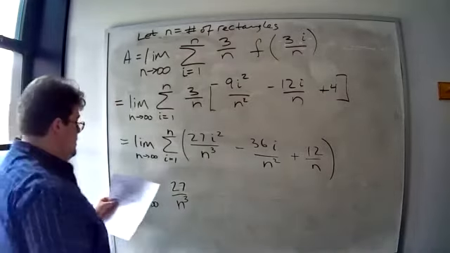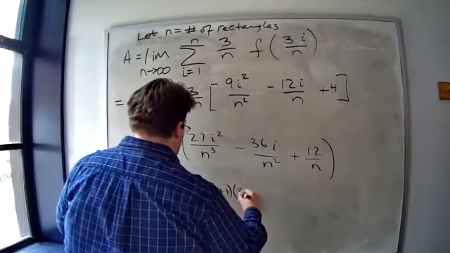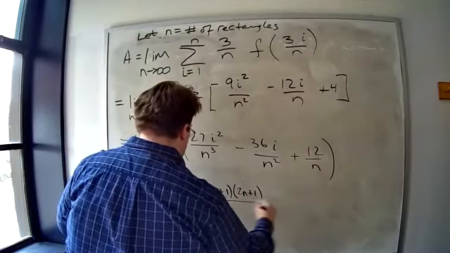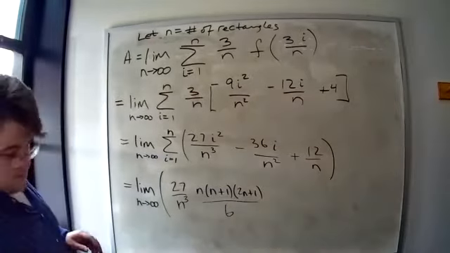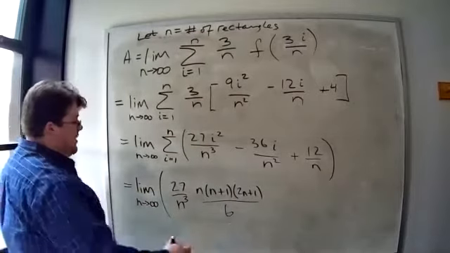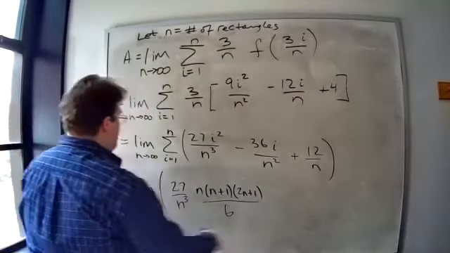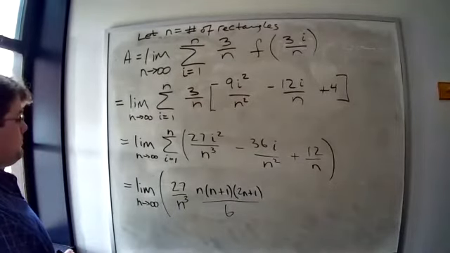The sum of i squared is given by n times n plus 1 times 2n plus 1 over 6. So this first piece, pull out the 27 over n cubed, and the sum of i squared is that piece. Any questions about that first part?